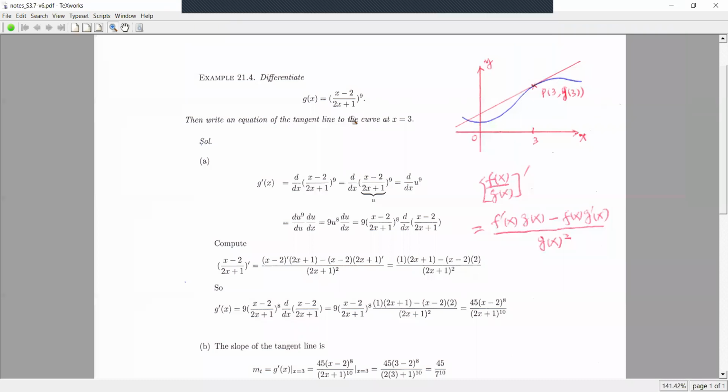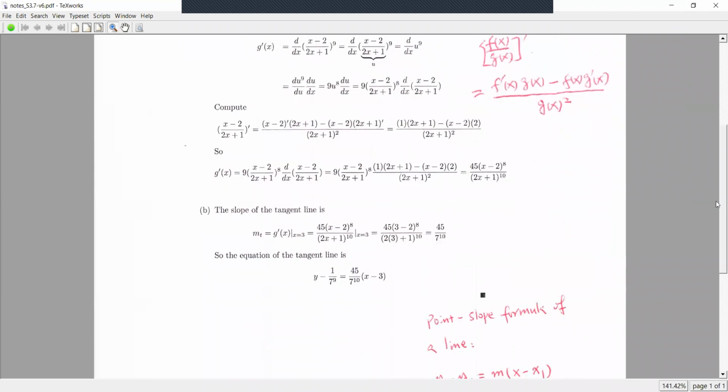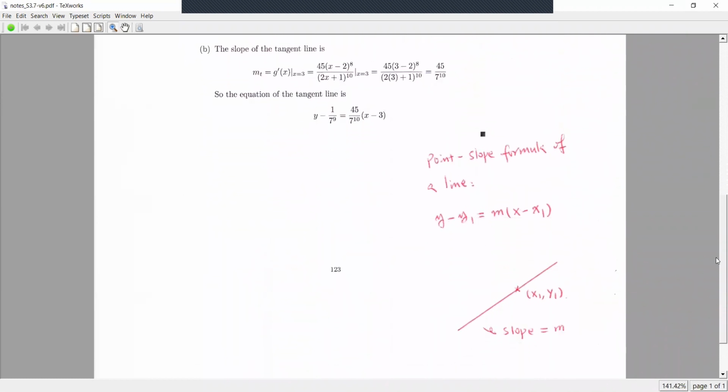After we get the derivative of the function, we can tell the slope of this tangent line. Plug in the point 3 into the derivative. Then we can get the slope of the tangent line. The slope of the tangent line is this number.